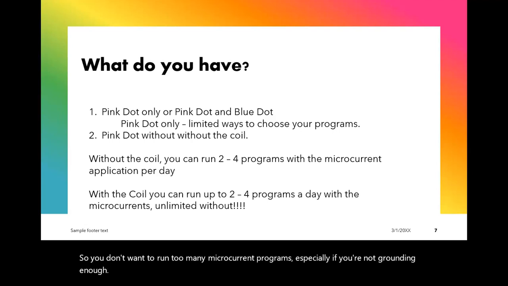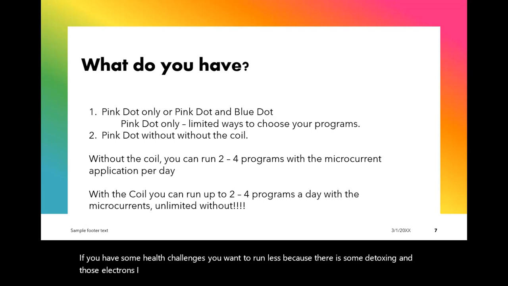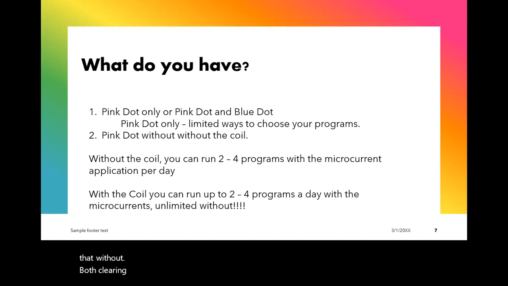And again, drinking plenty of water. But the rule of thumb is if you're really healthy, you can run about 4 microcurrent programs a day. If you have some health challenges, you want to run less, because you know, there is some detoxing, and those electrons I mentioned that are being discharged from the cells. And if you do too much of that without both clearing the electrons and clearing the toxins, you could have a healing crisis.